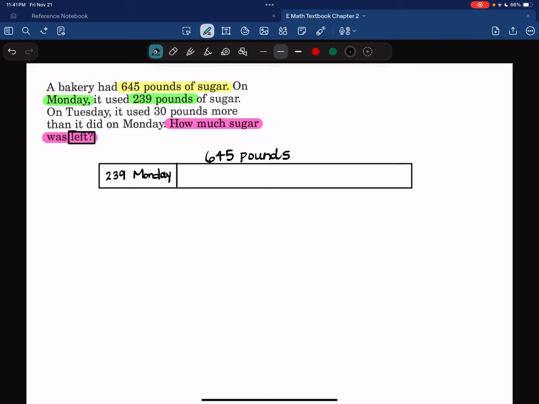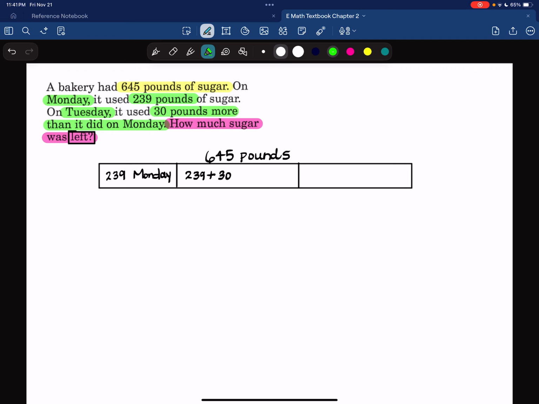On Tuesday, they used 239 pounds plus 30. Because right there it tells me on Tuesday, they used 30 pounds more than they did on Monday.